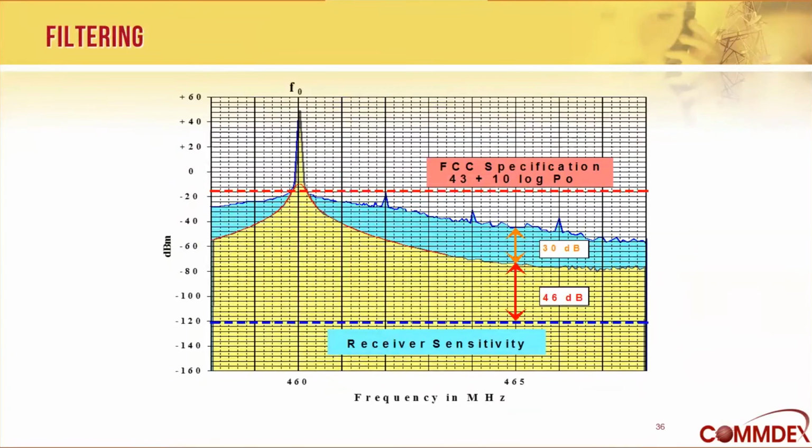So here's back to our original problem where we had 76 dB of isolation that we needed, and overlaid on the blue curve is the yellow curve, which is a bandpass filter curve, and it gave us 30 dB of isolation, 5 megahertz from the transmitter. So at 5 megahertz, it knocked it down 30 dB, which is great, but it's not the whole solution.